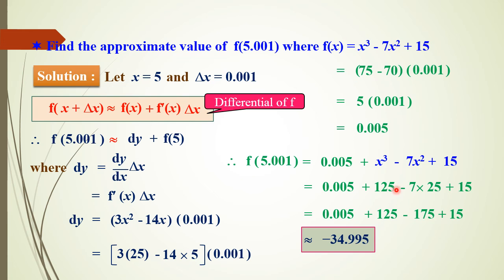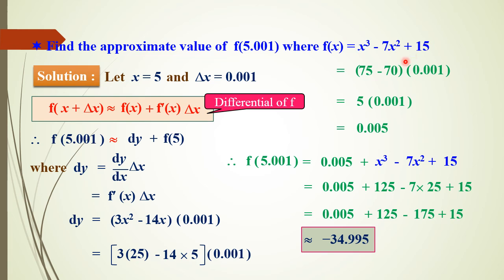After calculating all this, you'll be getting this much. So f of x you determine here, f dash of x into delta x, its value here is 0.005. After substituting everything here, you'll be getting minus 34.995. This is the approximate value of the given function f of x equal to x cube minus 7x square plus 15.